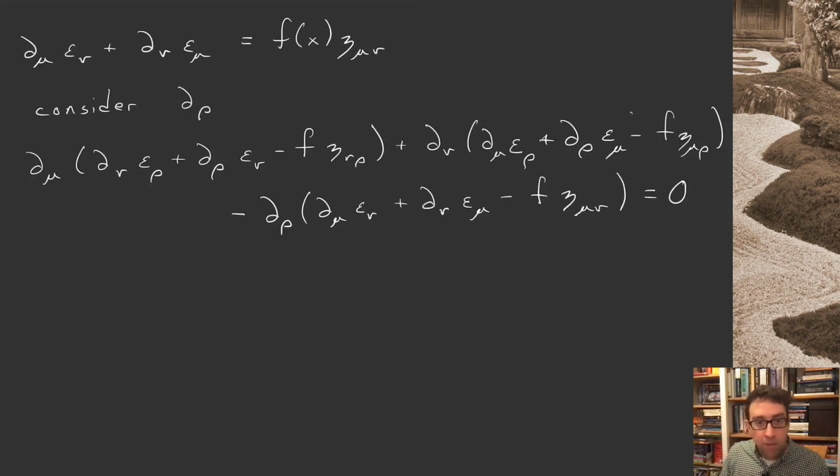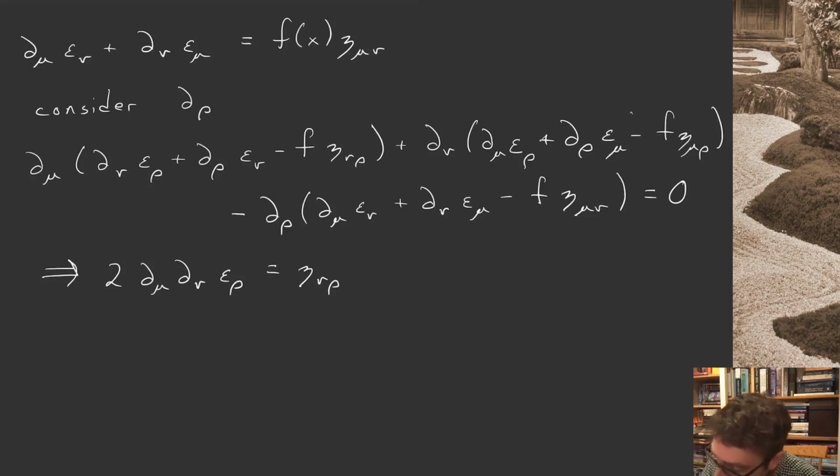And if I sum it up, I've cleverly arranged it so a bunch of terms cancel out, and what survives is 2 d mu d nu epsilon rho equals eta nu rho d mu f plus eta mu rho d nu f minus eta mu nu d rho f.